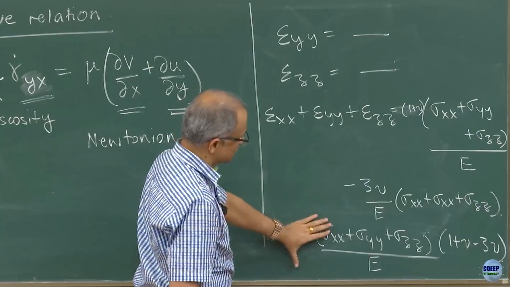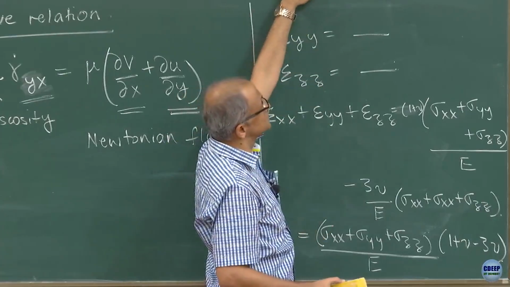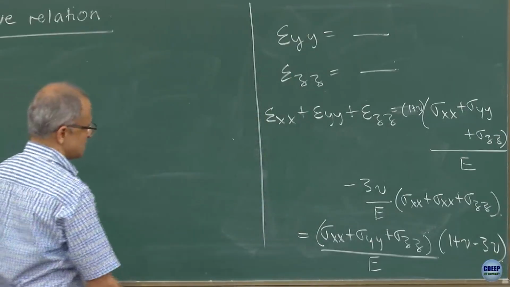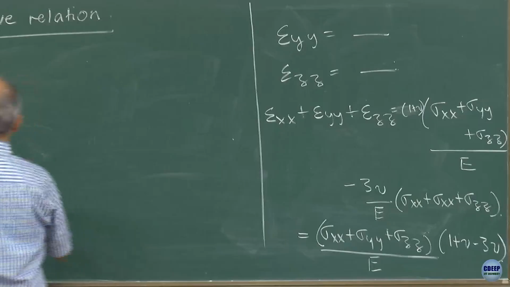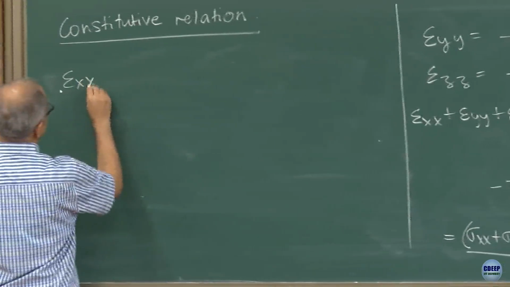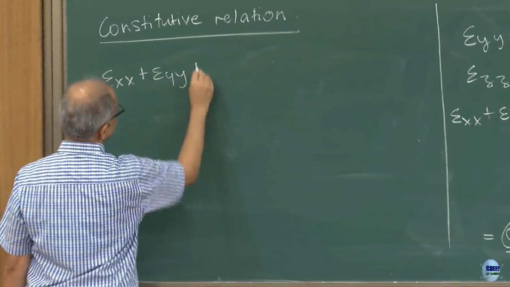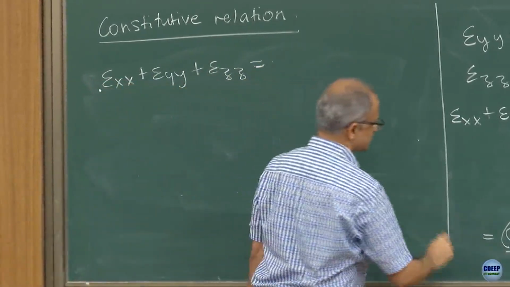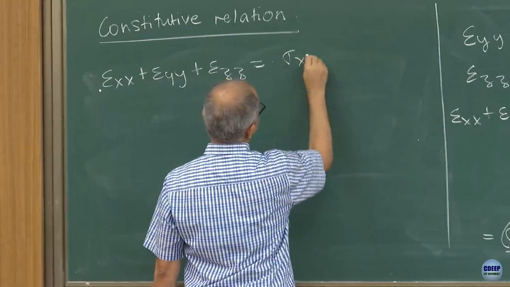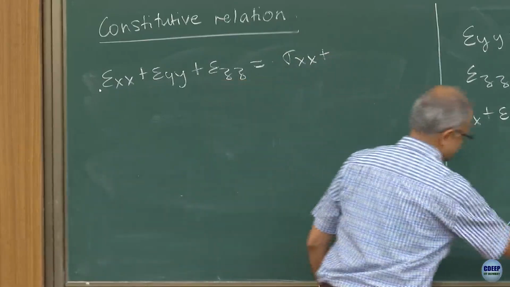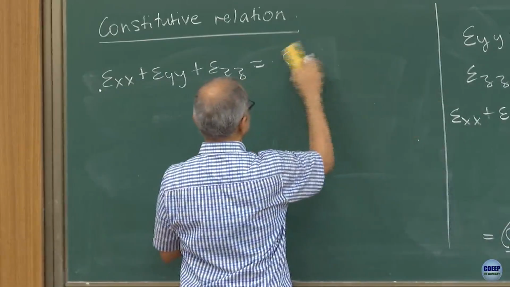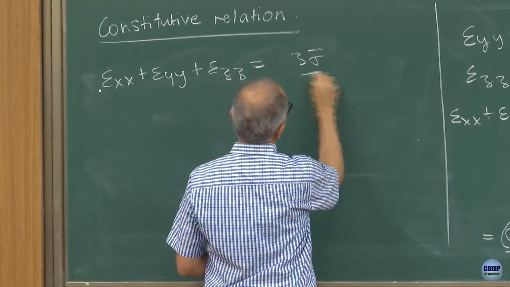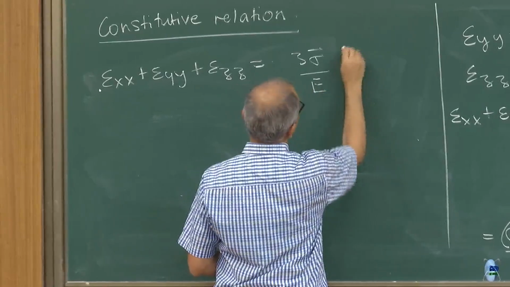So let us say that this is one major equation that we have, this is the other major equation that we have, and then we combine them. From here I get sigma xx plus sigma yy plus sigma zz, which is anyway 3 times sigma bar, divided by E, and then 1 minus 2 nu.